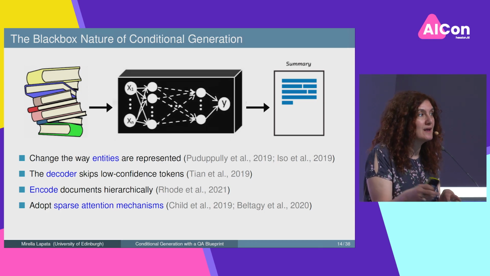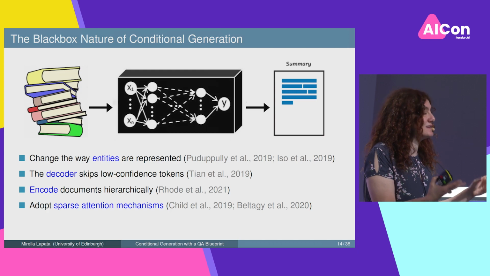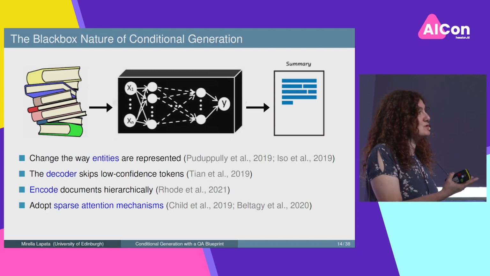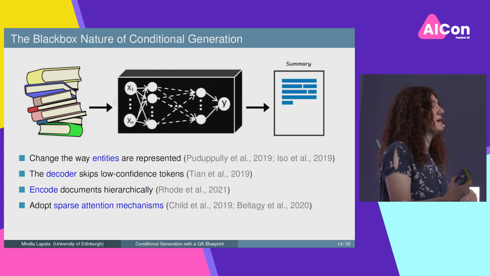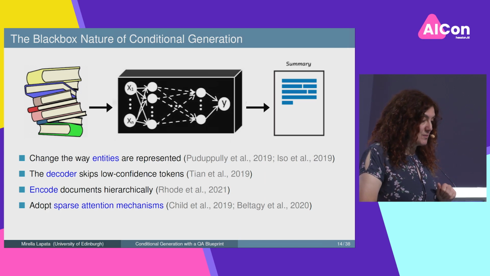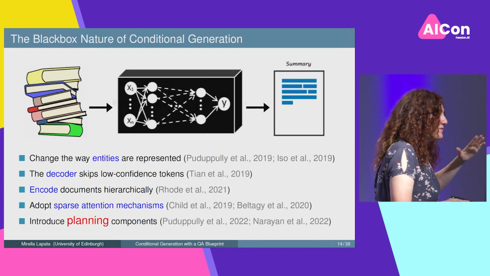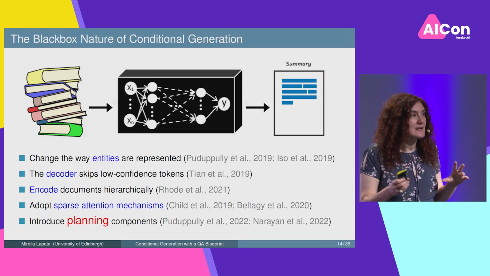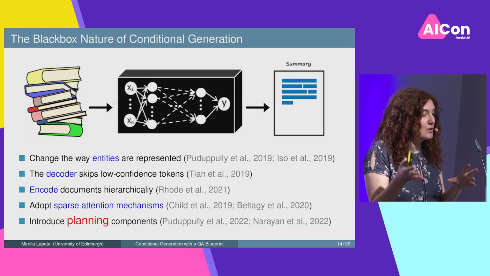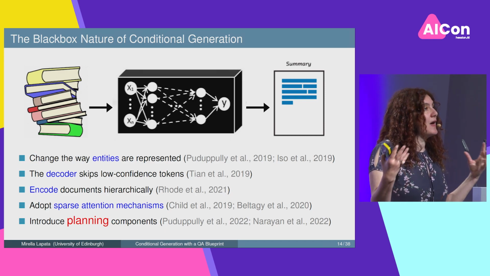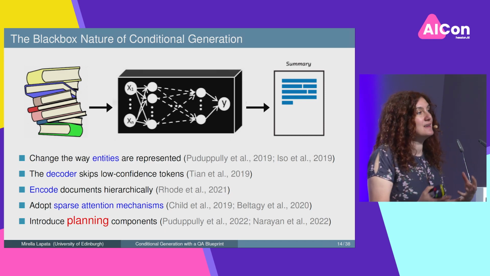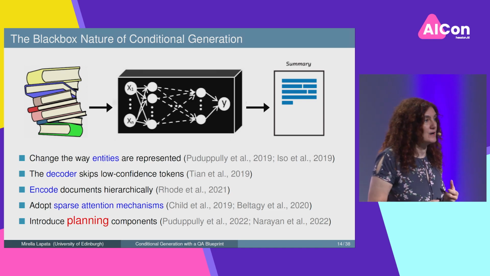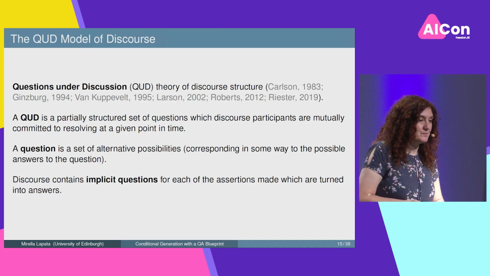And we heard in the morning, the talk did exactly that. They changed their attention mechanism to be able then to explain why the model made the predictions that it made. And the final way is to introduce planning components. And planning is like this intermediate step that goes between input and output, and hopefully, as we shall see, gives you some ability to control the model and explain what it's doing.